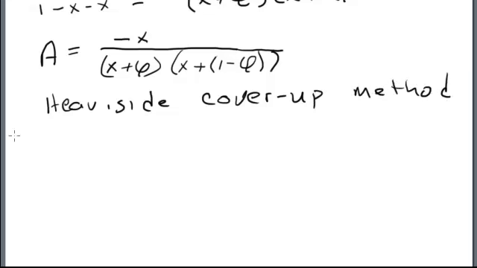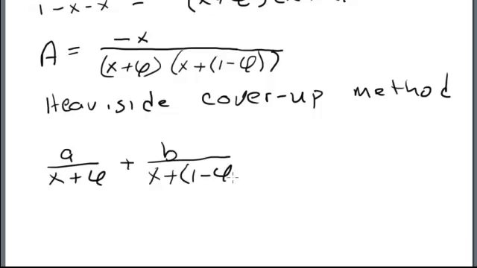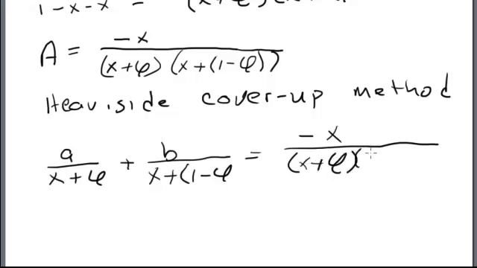We're going to write this as a over x plus phi plus b over x plus 1 minus phi, and that's going to equal negative x over x plus phi times x plus 1 minus phi.